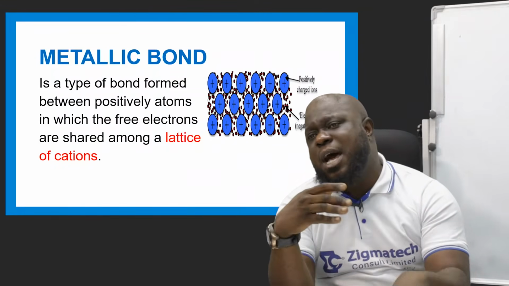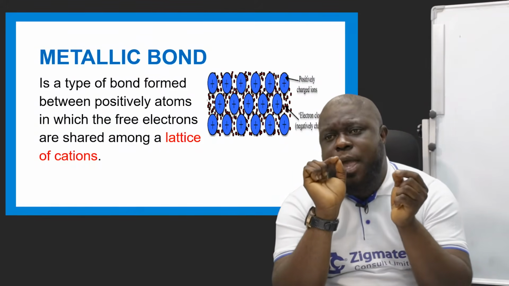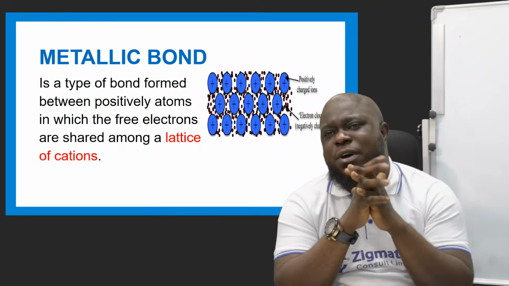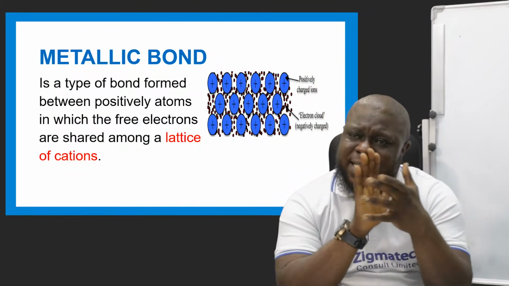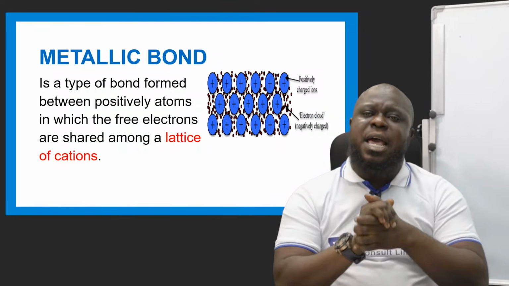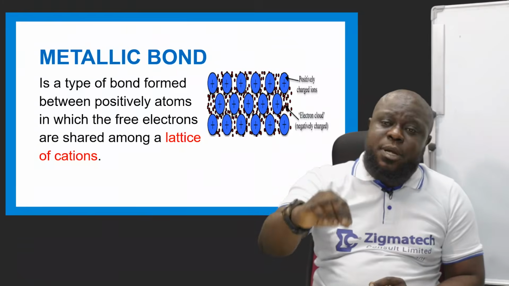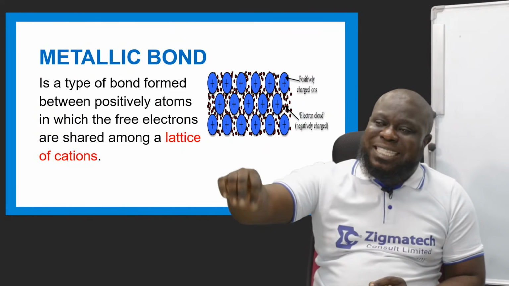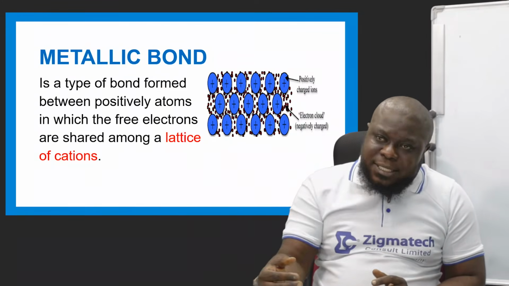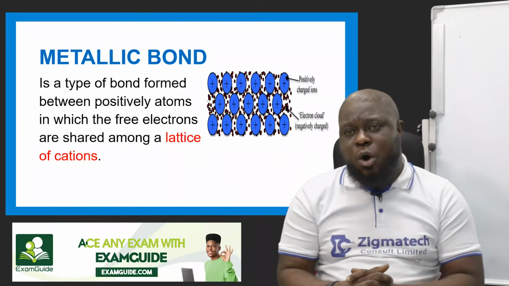In essence, the electrons are going freely, dropping a little bit of charge on each cation, giving the positively charged ions a particular charge in order for them to be bonded together.